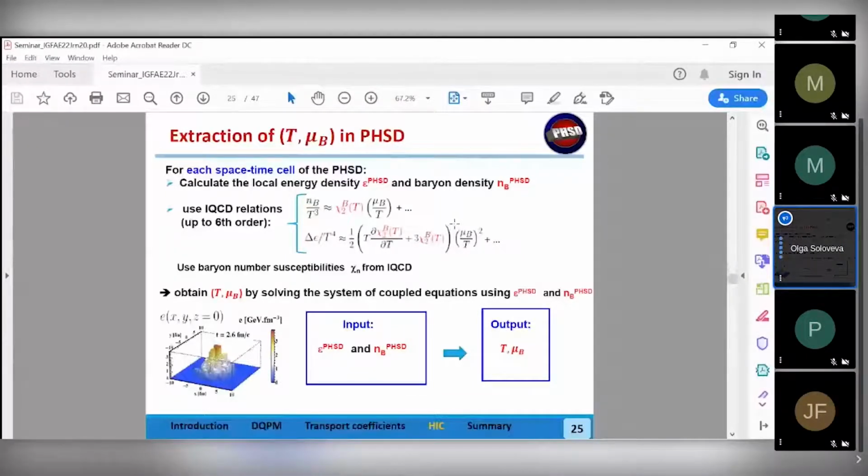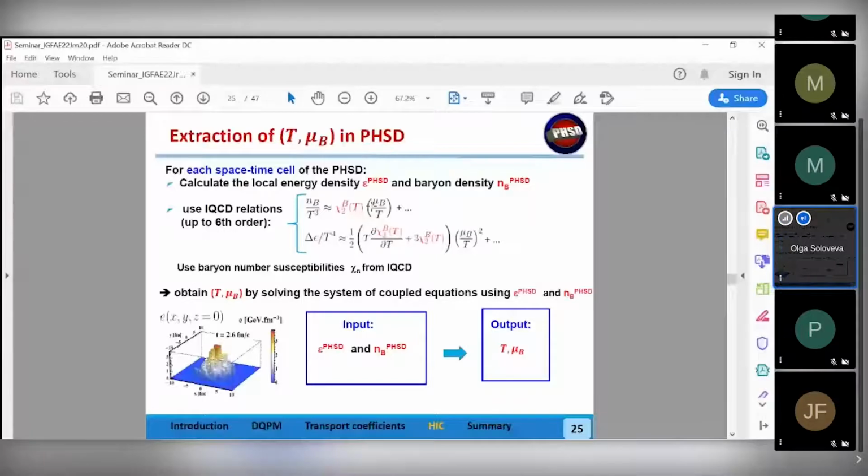So we can extract in each space-time cell the baryon density and the energy density in PHSD, and then using the coefficients from lattice QCD in the expansion of μB over T, we can extract μB over T using this system of equations.